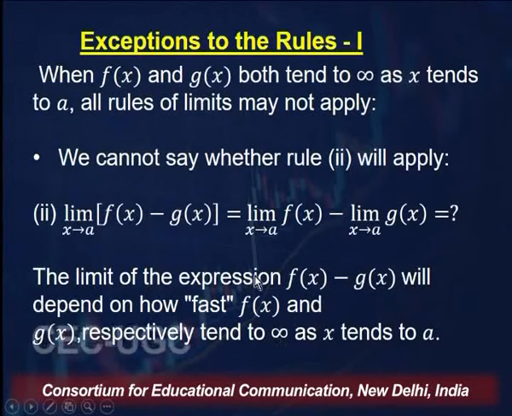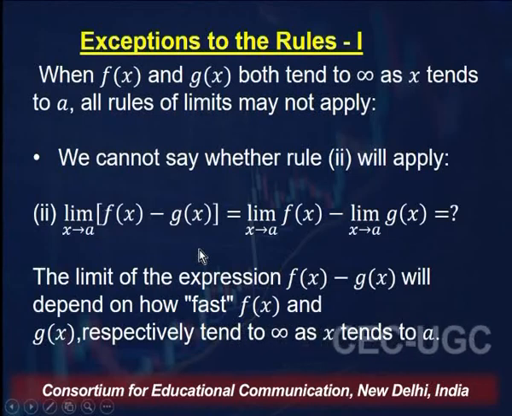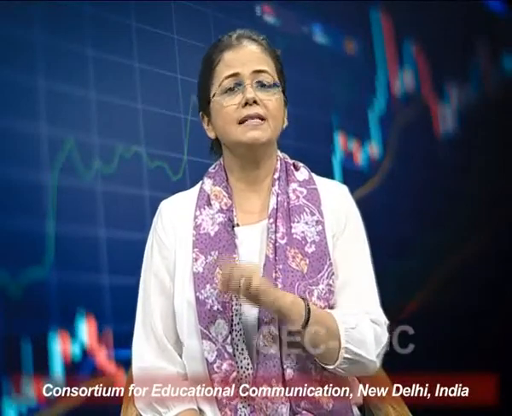The end result, the actual limit, or whether it exists, will depend on how fast the function f moves to infinity relative to the function g. So it is the relative rate at which both these functions shoot off to infinity that will determine what you get when calculating the limit of the difference of two functions.